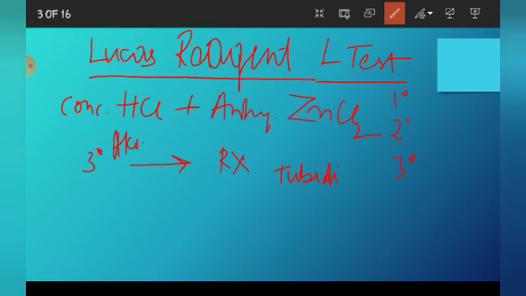But for a 2 degree alcohol, turbidity will be obtained in 5 minutes. But for 1 degree alcohol, there will be no turbidity at room temperature.